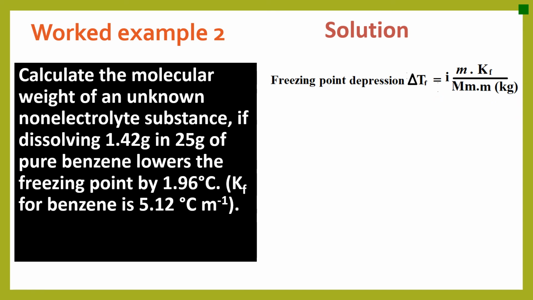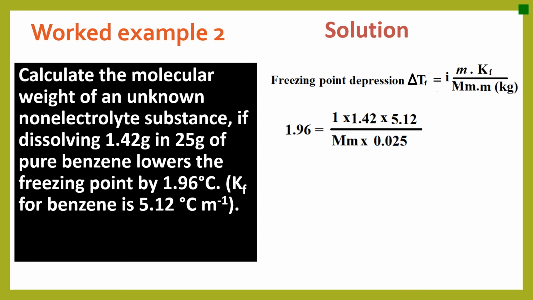So we are going to use this relation of finding the freezing point depression, and as you can see, we have almost everything except the molar mass. Let's transform this formula, and then we solve for the molar mass.